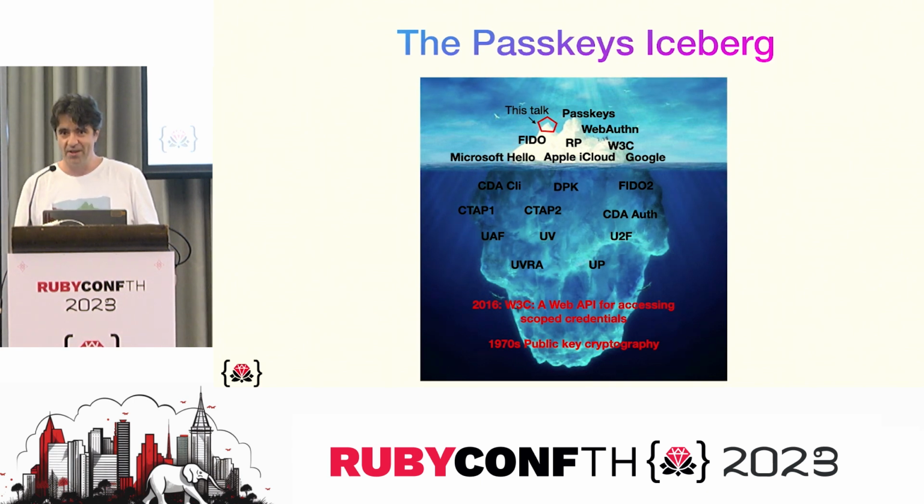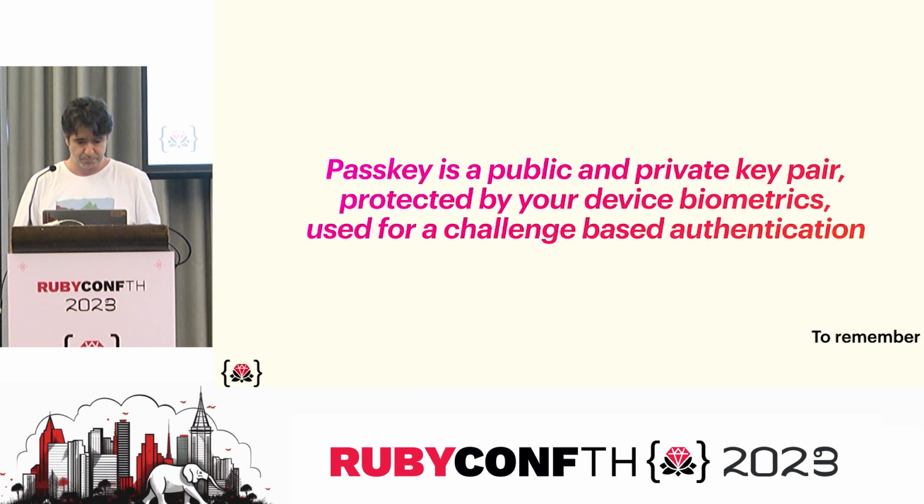And my talk here today is that small little red shape over there. But if you are a software developer adding passkeys to your web application, you are all the way up at the top of the iceberg. This gives you a little bit of an overview of all the moving pieces that are necessary for passkeys to work in your web application.